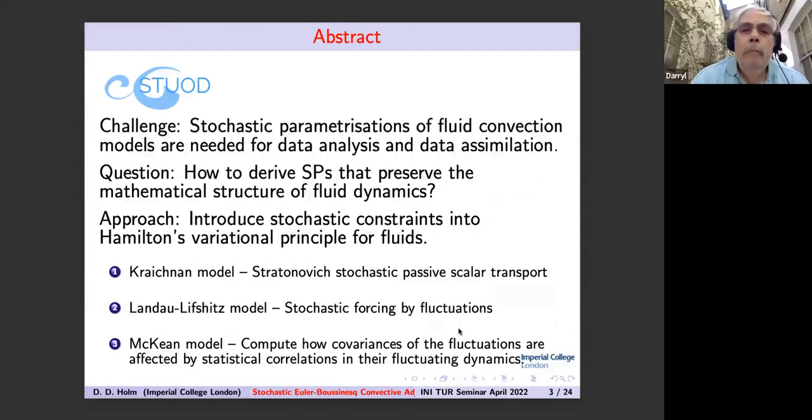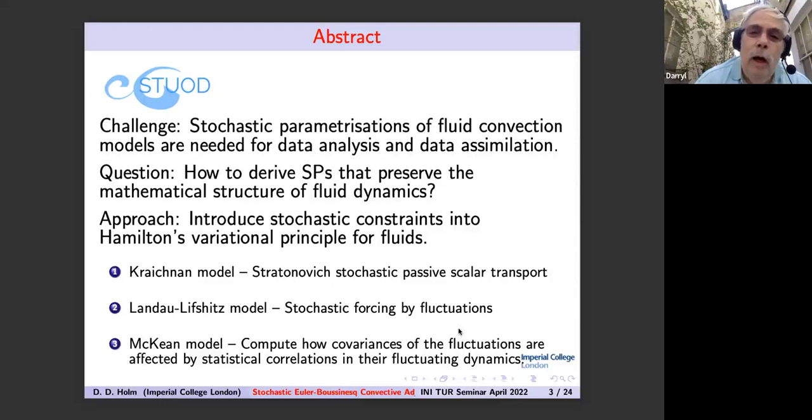Okay, so here the challenge is we need stochastic parameterizations of fluid convection in models that are needed for data analysis and data assimilation. That's what STUOT is about. And so the question is, ask not what math can do for oceanography, but ask rather what oceanography can do for math?